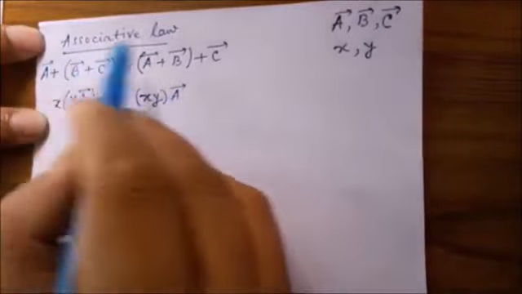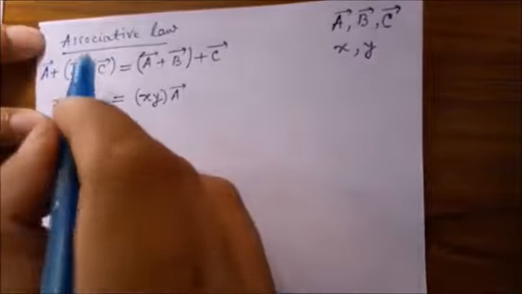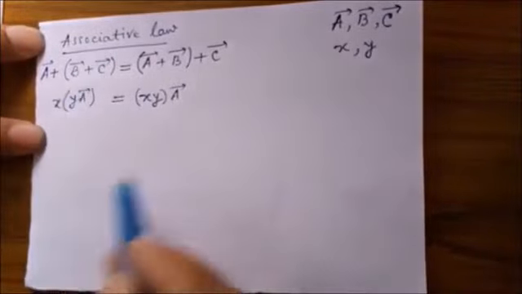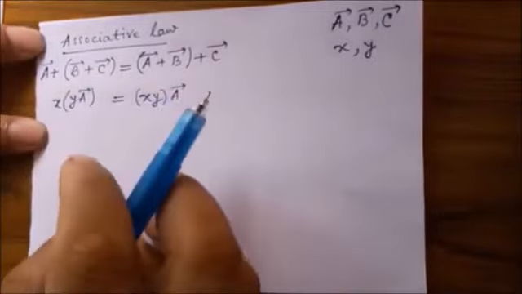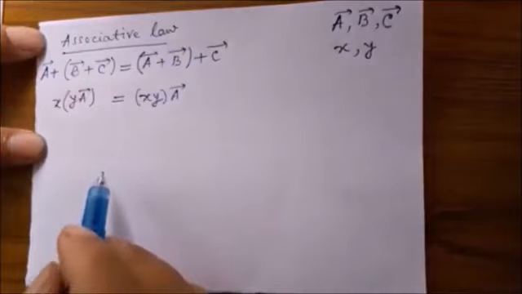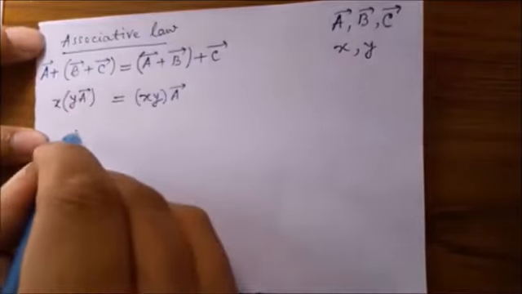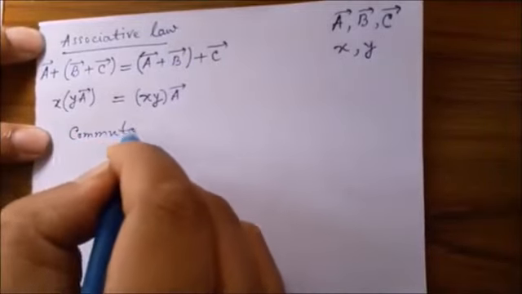Now according to associative law, these two are same. So associative law in fact tells us how we can juggle with vectors, how we can associate them to form meaningful expressions. Let us now mention another important law which goes by the name commutative law.